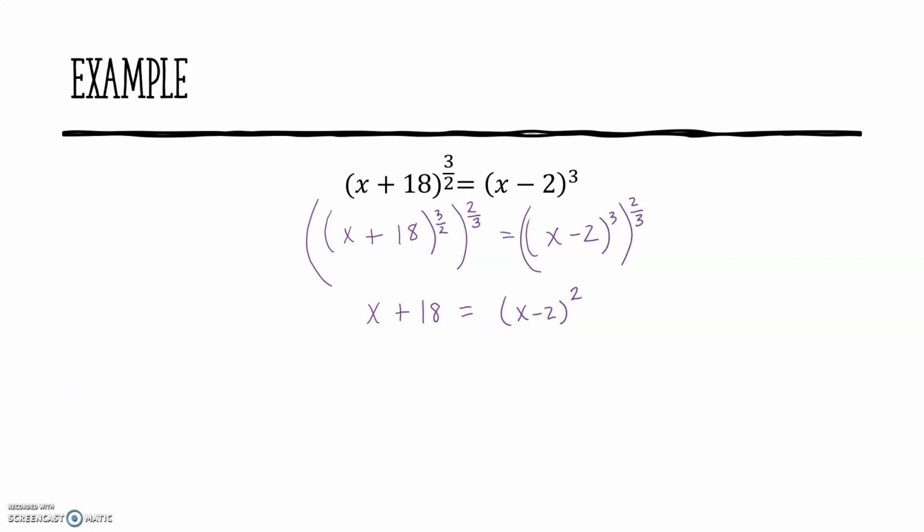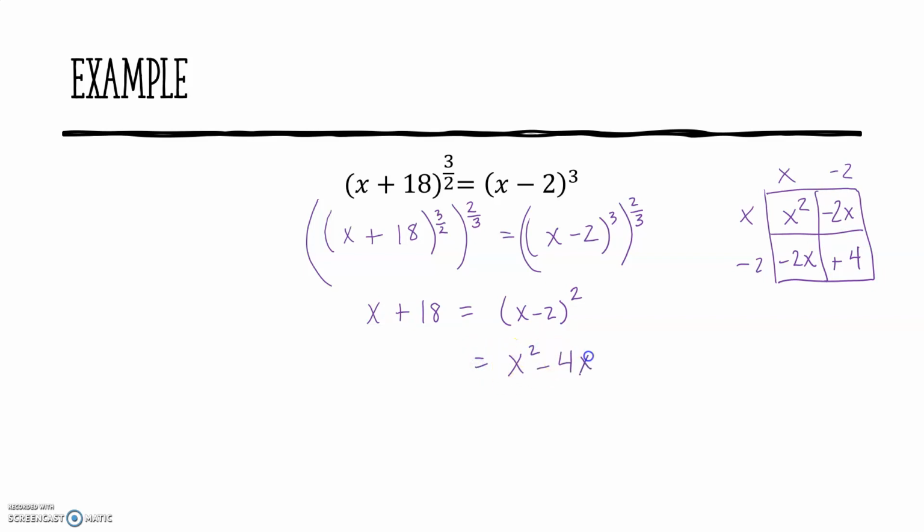I can square this out, but I have to remember that I would be multiplying x minus 2 times x minus 2. So when I do that, I would either use a box or I would distribute to make sure that I don't forget any terms. And that becomes x squared minus 4x plus 4 because of this box here.